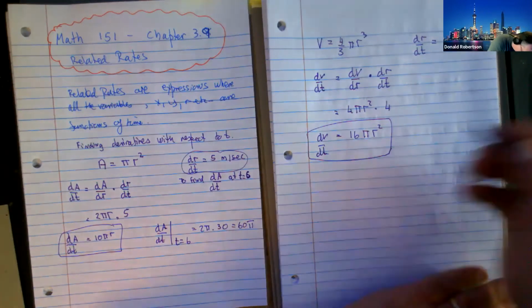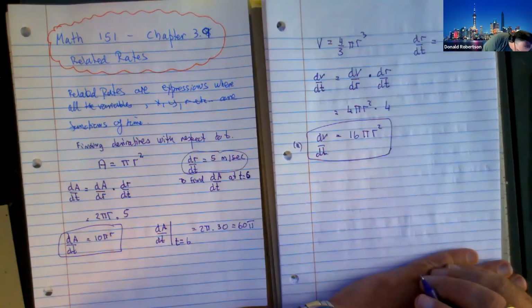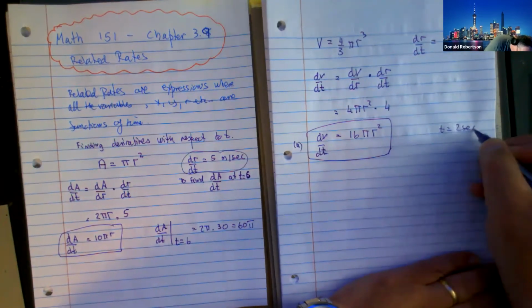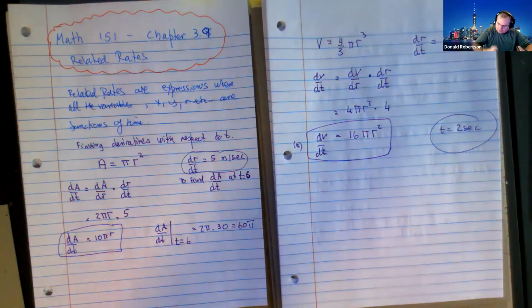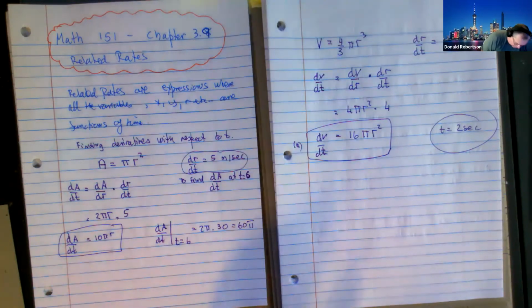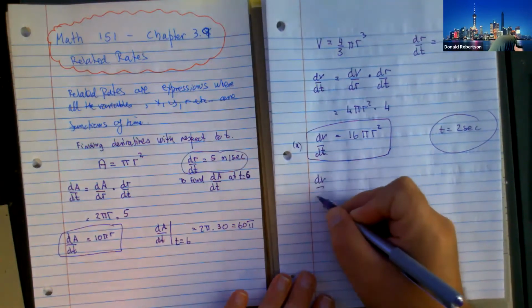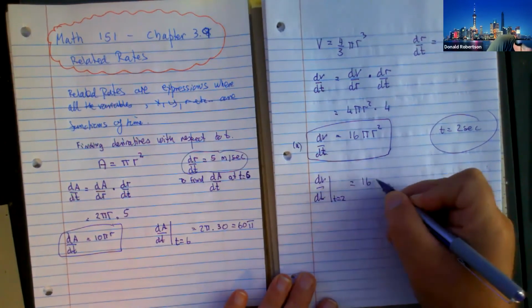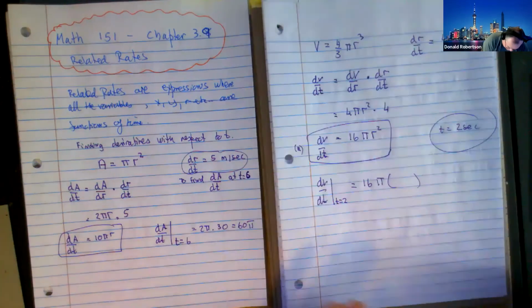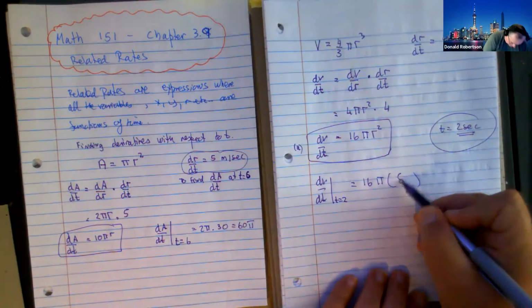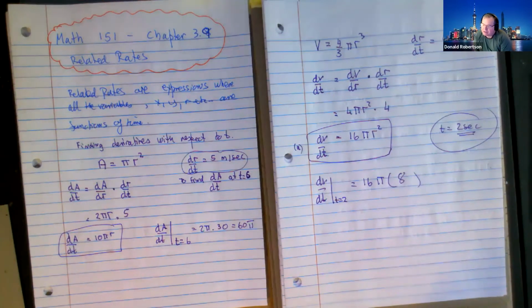Now, suppose they gave you, that was part A, and suppose part B said, what is the rate of change of the volume when t is equal to, say, 2 seconds, right? So 2 seconds after the explosion, if you took a snapshot of that big cloud of explosion, what would the thing look like, right? What would be the increase in the volume? How's it getting bigger? Well, dv by dt at t equals 2 second mark is going to be 16 pi times the radius squared. Well, since the radius is going at 4 feet per second, would you agree in 2 seconds that would be 8? 4 times 2 gets me 8.